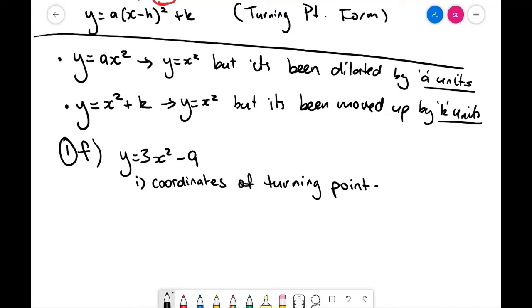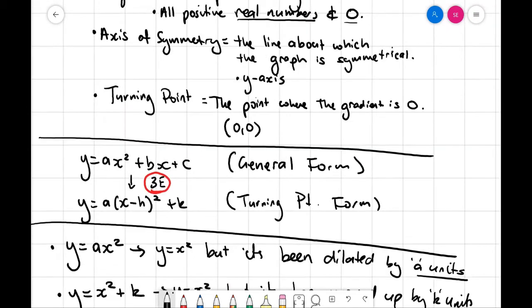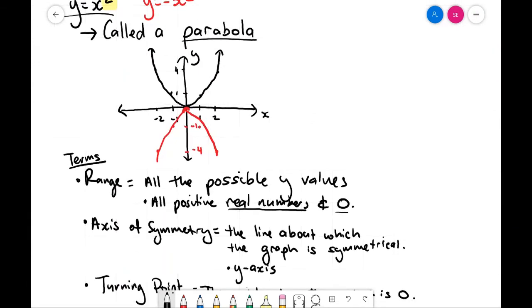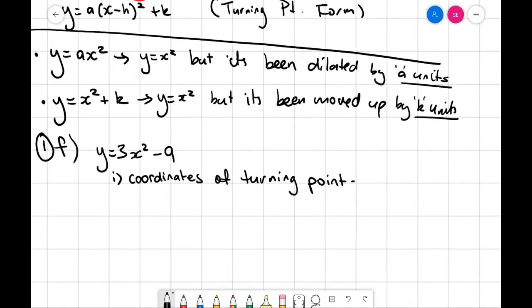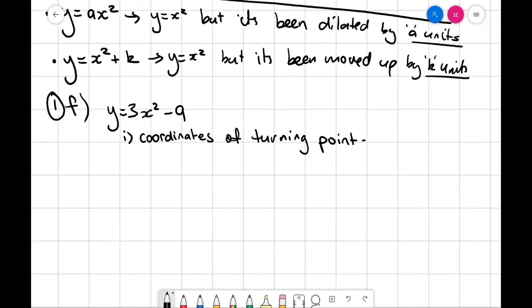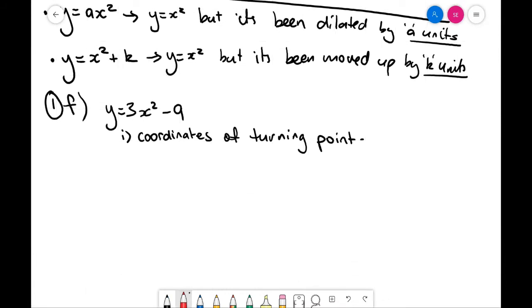Okay, well, before the turning point was 0, 0. Now all that's happened here is we've dilated that by a factor of 3.